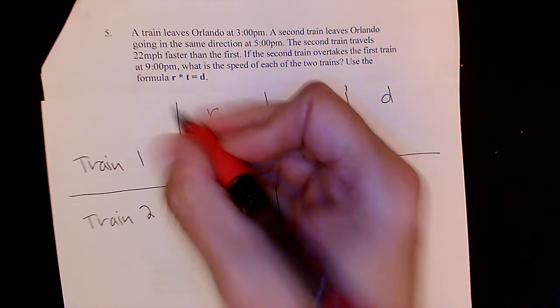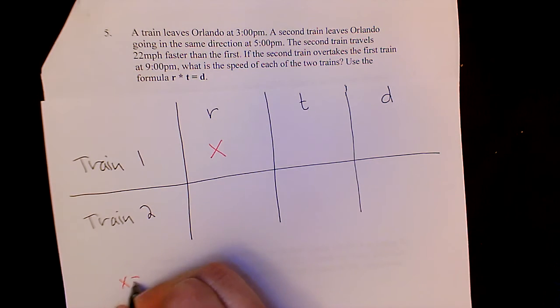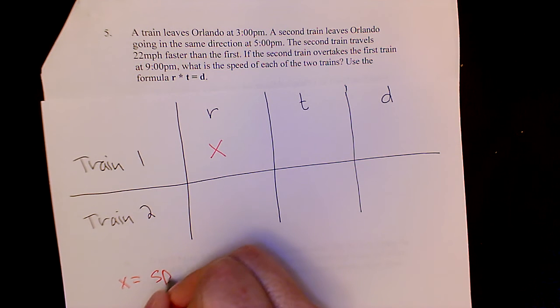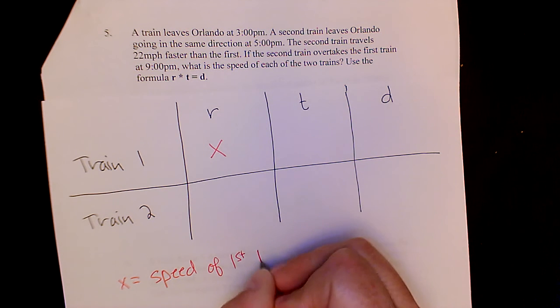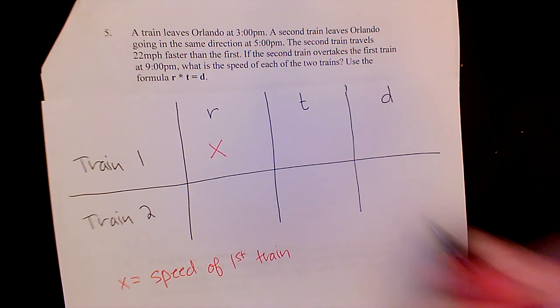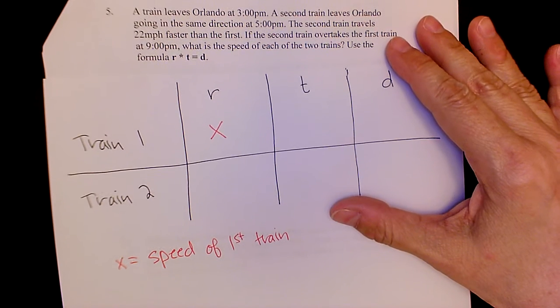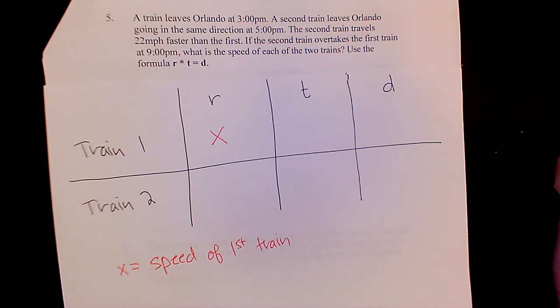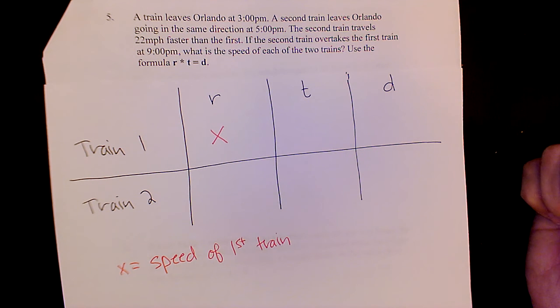So I'm going to let x equal the speed of the first train. And I know the second train travels 22 miles an hour faster than the first.